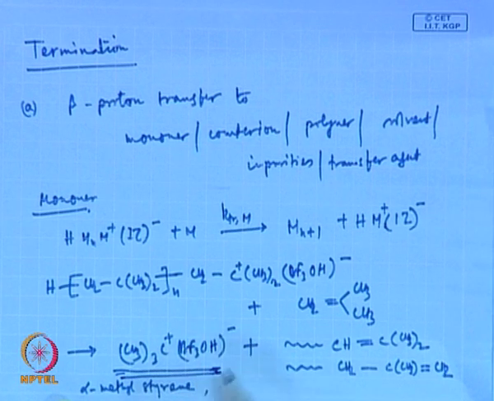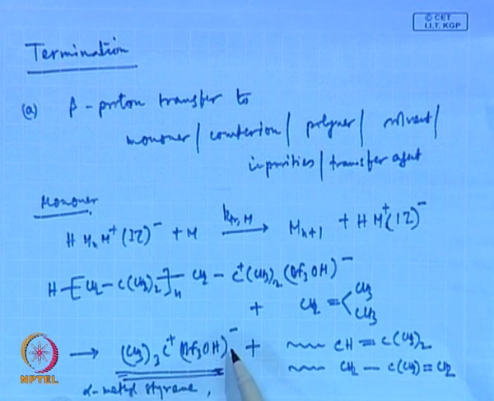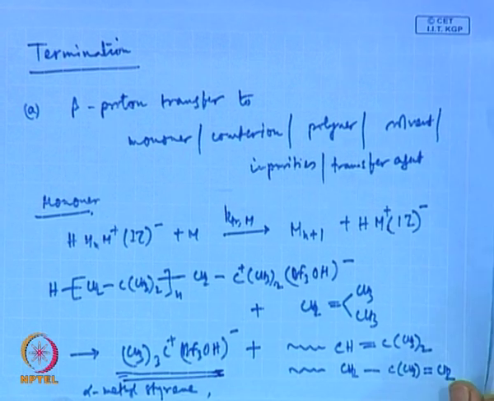So, in spite of this chain transfer reaction, the rate of polymerization does not slow down, because this has the same reactivity with the existing kinetic chain. The only thing that happens, because of this chain transfer, is that the molecular weight actually gets reduced.